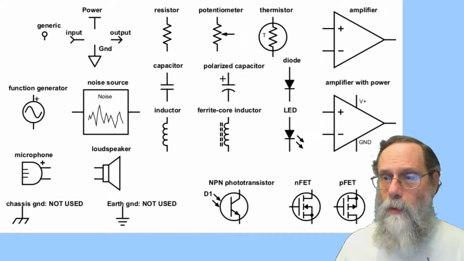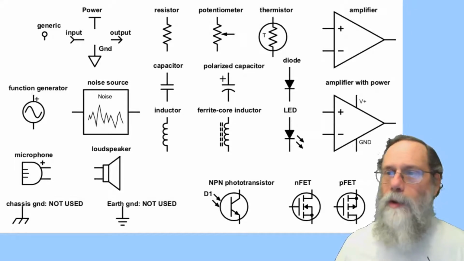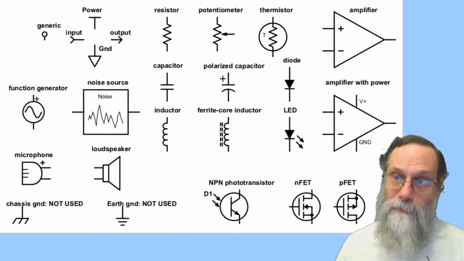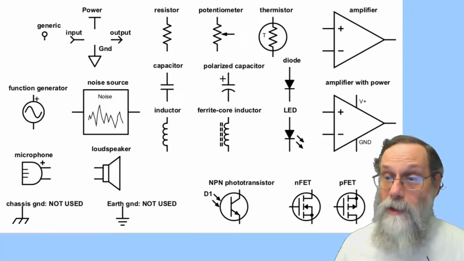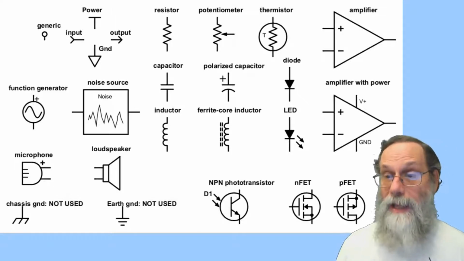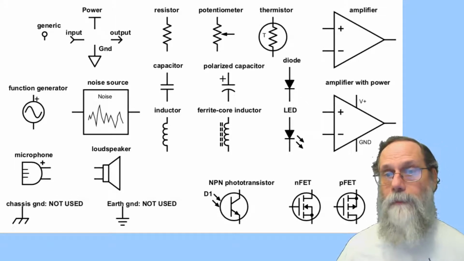You have a component where it's got some control parameters, and if the control pins aren't connected to anything, it doesn't matter. It means some default value is used. Then you should put a little NC next to that connection on the schematic to indicate not connected, so that the reader knows this is a completed schematic. That wire that looks like it's just dangling, it's supposed to be just dangling. It's not connected to anything.